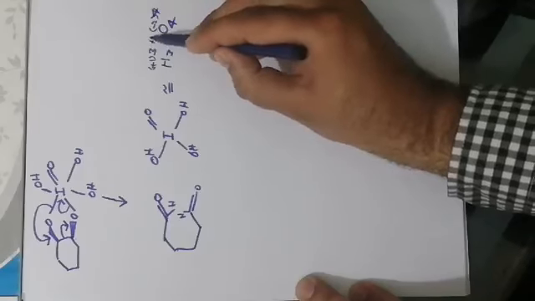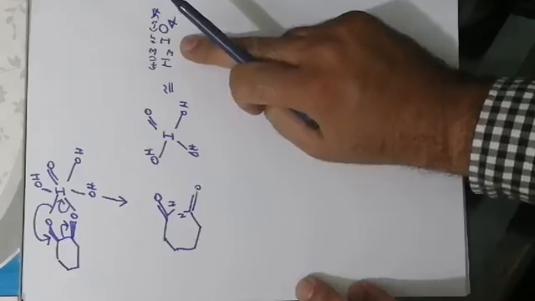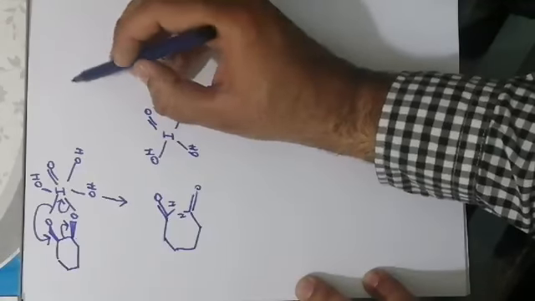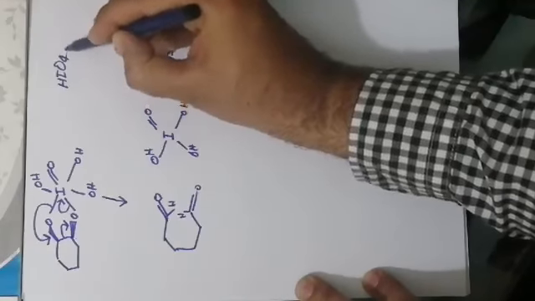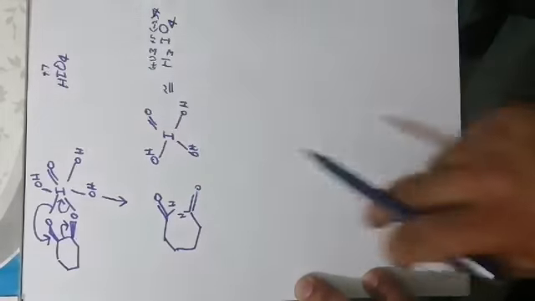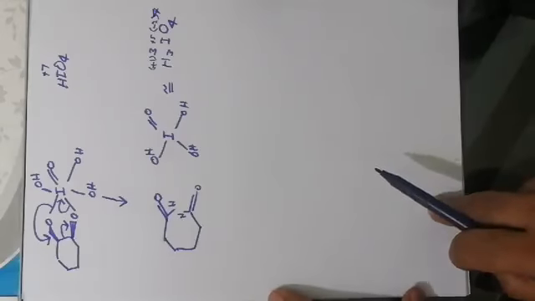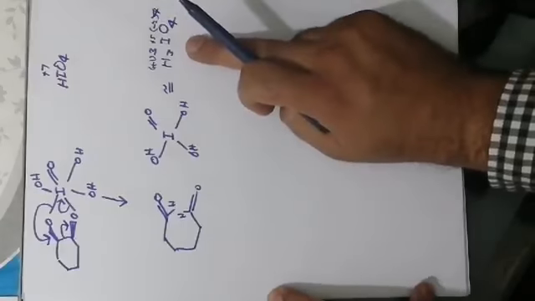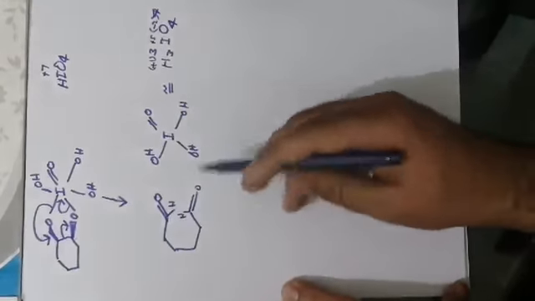So definitely there would be a +5 oxidation state of iodine here. What was the oxidation state in the starting compound? You will see that here the iodine has a +7 oxidation state. So it means that the iodic acid has now been reduced and it has oxidized the other compound.